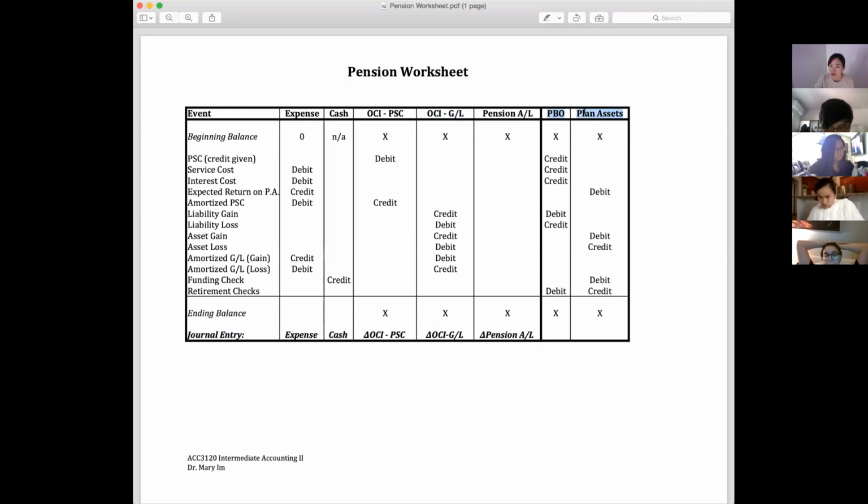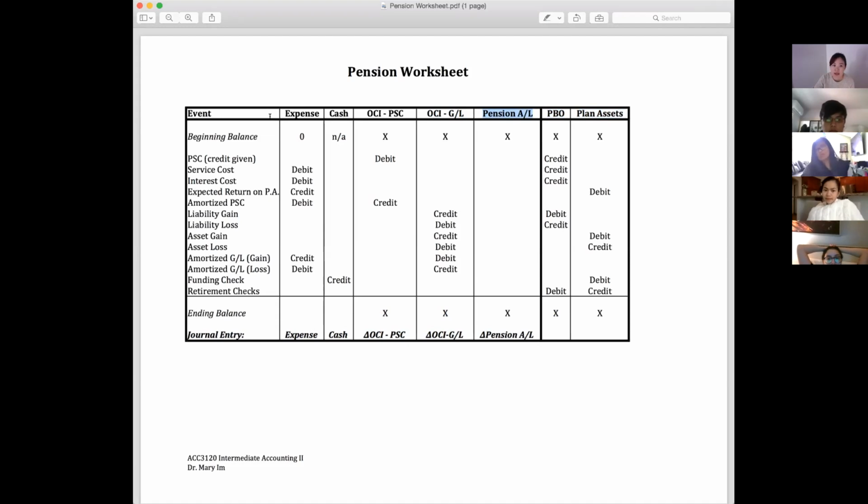As we discussed earlier, they are not formal accounts used on the balance sheet, so what's reported is the net amount of these 2. PBO, liability, and plan asset, asset, are netted against each other, and the net amount is reported under the pension asset or liability.